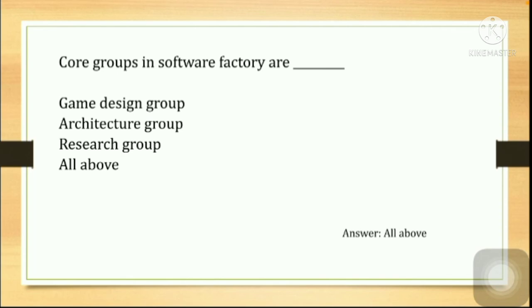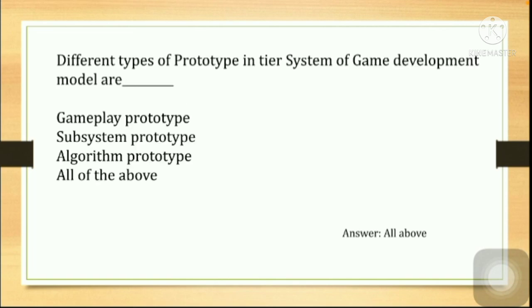Project group produces the actual game code using components. And research group acquires knowledge of new technological developments and researches. So you get 3 options here, game design, architecture. As you get 2 options, you can directly mark the fourth one, all of the above. Answer is all of the above.